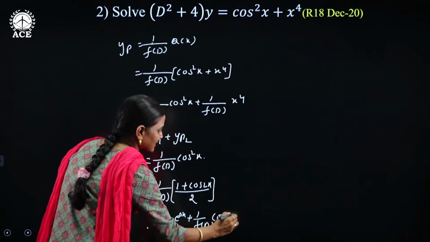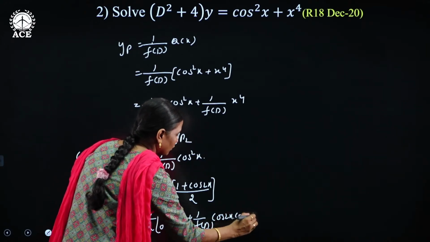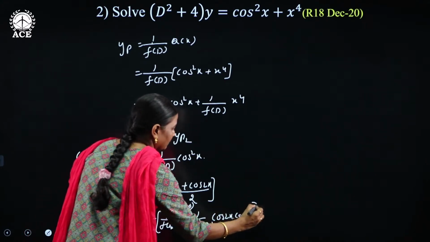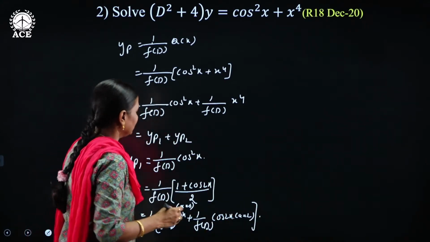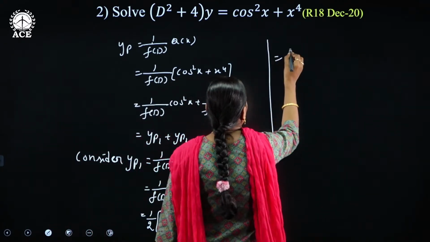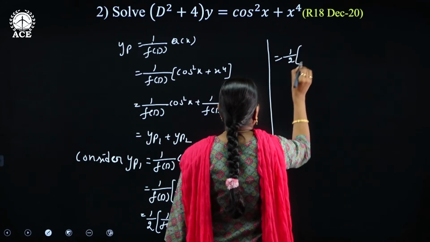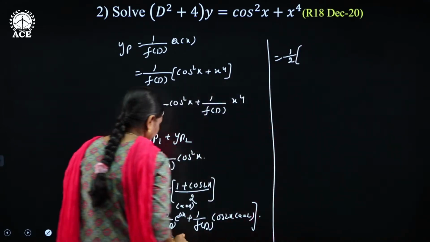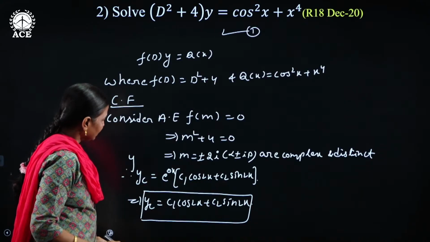In the second one, a is equal to 2. In the first term, the a value is 0. How to write the particular integral? It is 1 by 2 into, here a is equal to 0. And what are the roots?